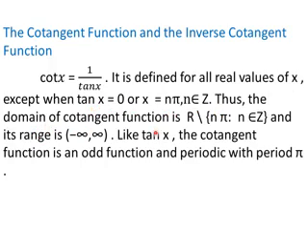Therefore, the domain of cot function is R difference the set of all n pi where n is an integer, and its range is minus infinity comma infinity. That is, if we replace x by any value in this interval R difference n pi, the value of y lies between minus infinity comma infinity. Like tan x, the cotangent function is an odd function and it is periodic with period pi.